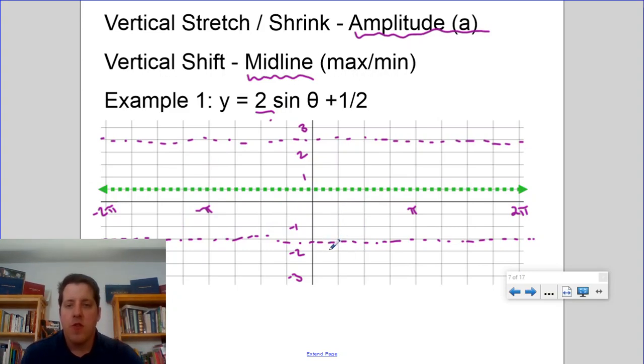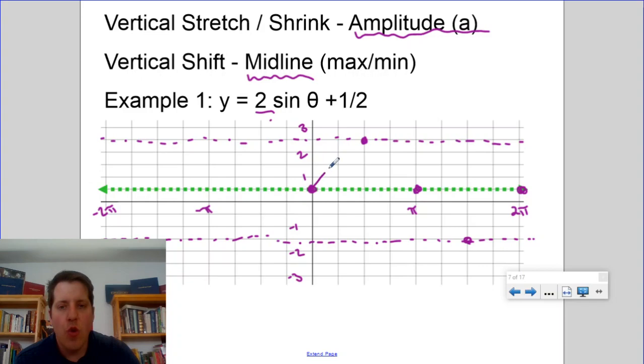Okay, so the sine function normally goes 0, 1, 0, negative 1, 0, but we're not going to think about it that way. We're going to think of it as going middle, high, middle, low, middle.